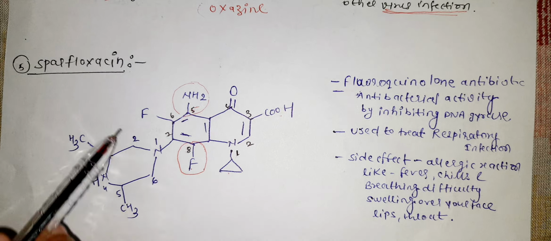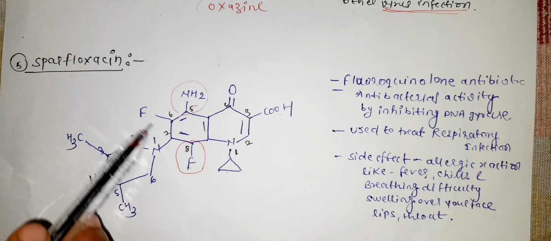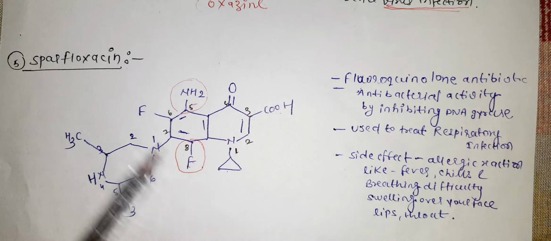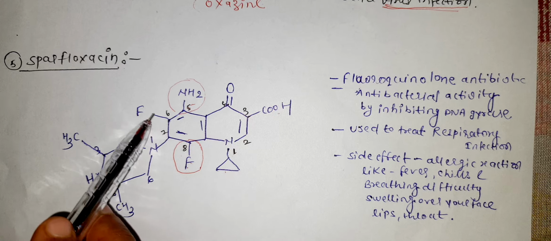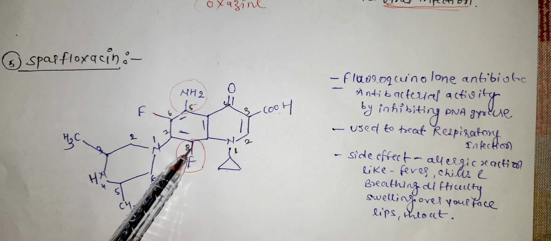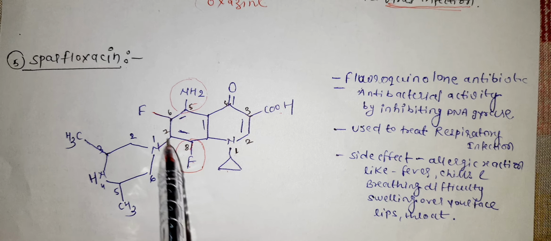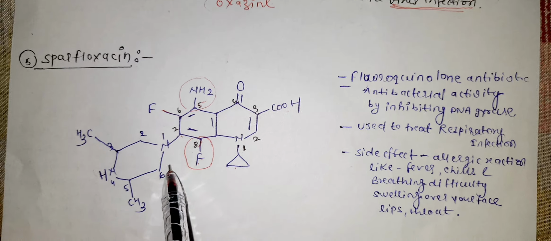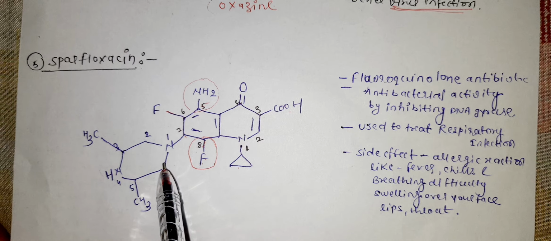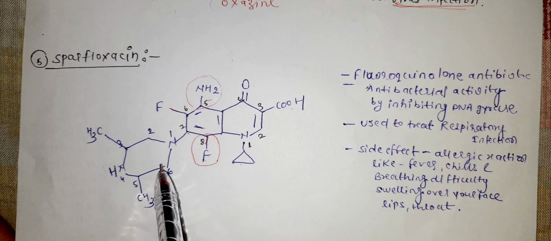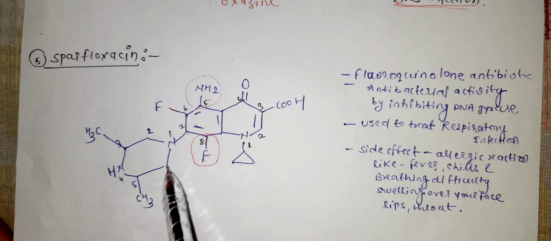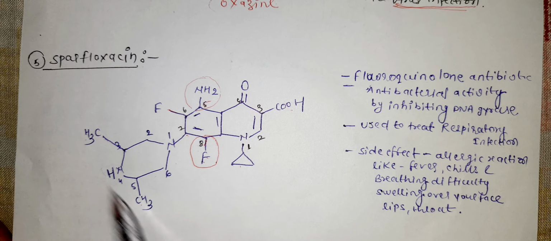So here are 2 fluorine groups, at position number 6 and position number 8, and position number 7 is substituted by piperazine, and positions 3 and 5 of the piperazine are substituted by methyl groups.